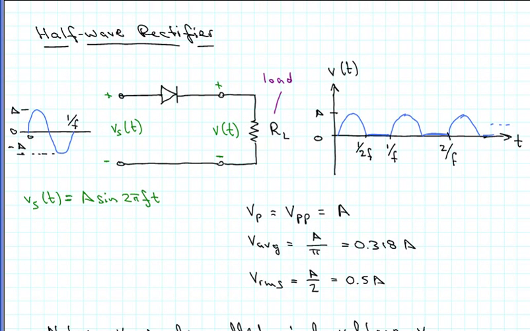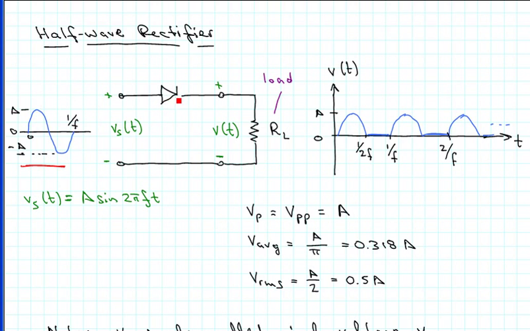Now we are interested in converting an AC voltage like this input voltage here into a DC voltage. The simplest case is to just use one diode in the path from the sinusoidal input to the load.